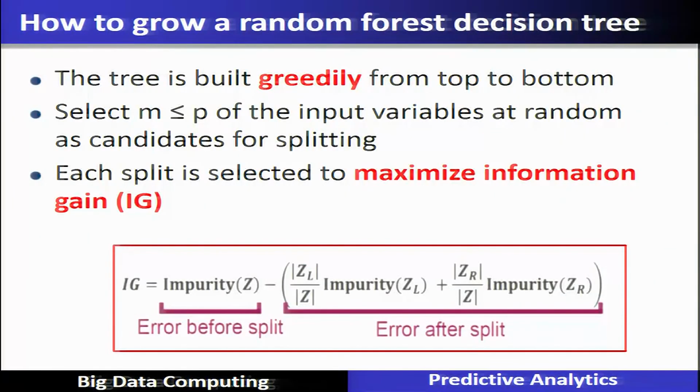How to grow random forest decision trees? The trees are built greedily from top to bottom, as we have seen in decision trees, but the difference here is that it will select m out of p different features.